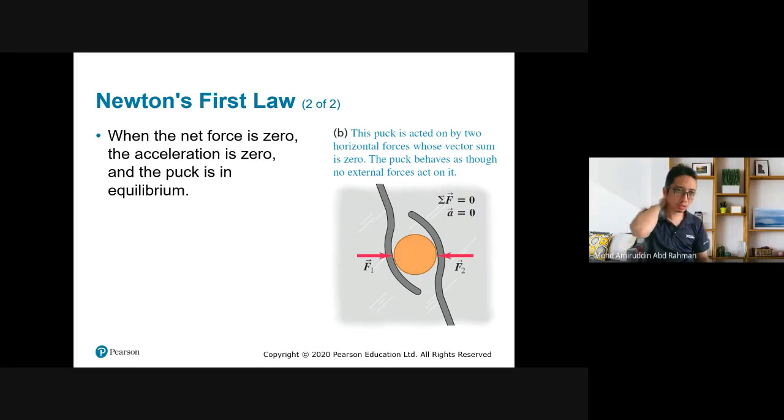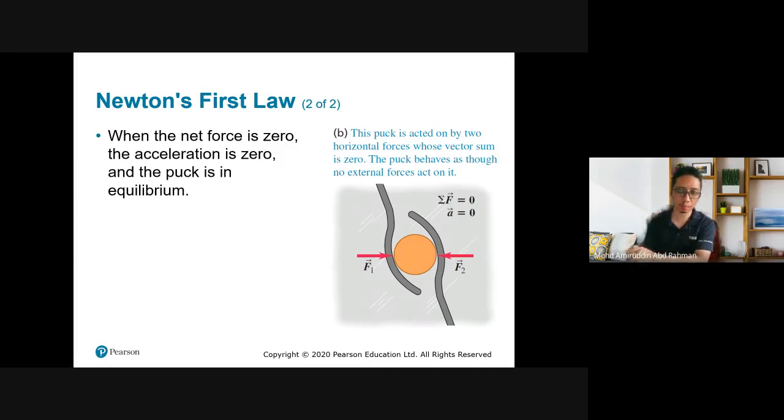When the net force is 0, the acceleration is 0. Let's say we have another player also hitting the puck, so we have both forces exerted on it.